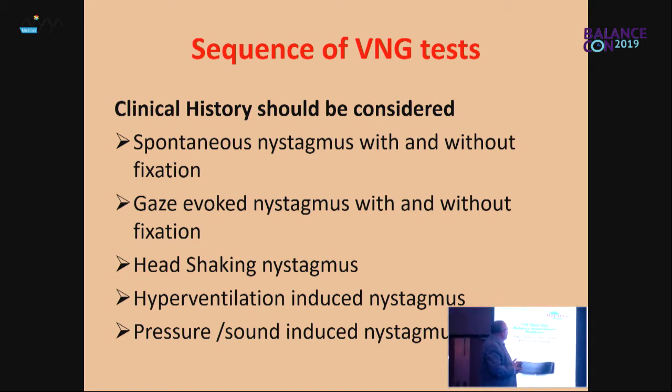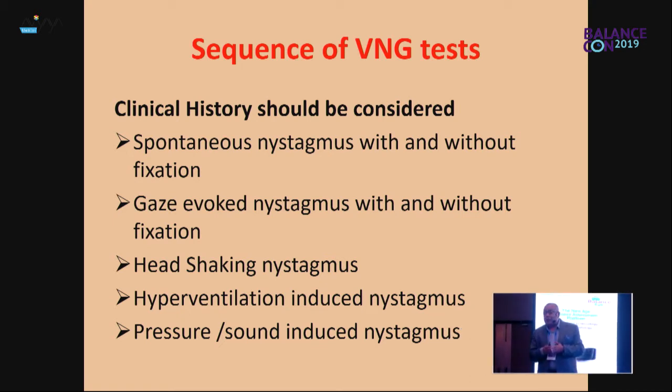The clinical history should also be considered for the sequence of videonystagmography. Usually we start by looking for spontaneous nystagmus with and without fixation. Why spontaneous nystagmus? Once you find spontaneous nystagmus, that means vestibular asymmetry. It could be peripheral, it could be central, but you have a very clear sign that there is some sort of vestibular asymmetry. So the first thing we look for is the presence or absence of spontaneous nystagmus.